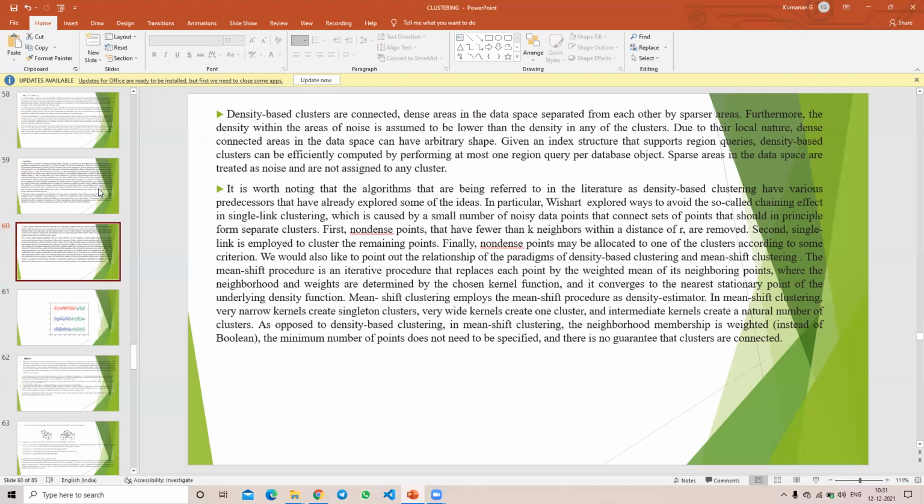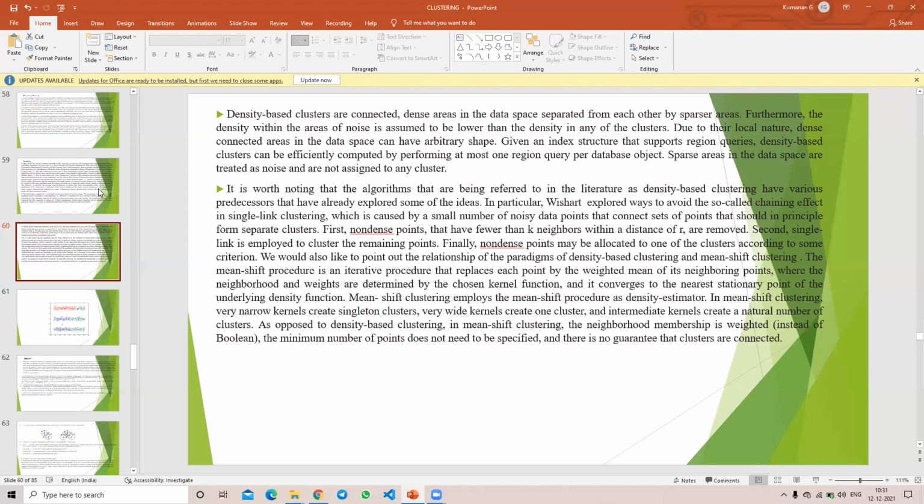First, non-dense points that have fewer than k neighbors within a distance of r are removed. Second, single link is employed to cluster the remaining points. Finally, non-dense points may be allocated to one of the clusters according to some criteria.